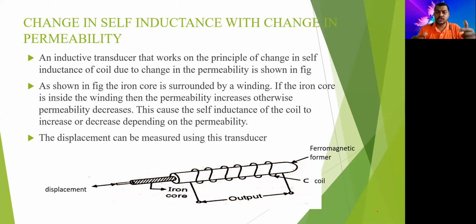So if you increase or decrease the distance of this iron rod, ये डायग्राम में आपको दिख रहा होगा कि ये जो है फेरोमैग्नेटिक फॉर्मर, मतलब एक्चुअली प्लास्टर ऑफ पेरिस का या पेपर का बनाया हुआ एक रोल है, उसके ऊपर हम लोगों ने कॉइल वाउंड की। अब वो उसके बीच में क्या है, अभी एयर आ गई। अब हम लोग उसमें क्या कर रहे हैं, उसमें या तो हम लोग फेराइट रॉड डाल रहे हैं या आयरन रॉड डाल रहे हैं। अगर हम लोगों ने आयरन रॉड डाला तो उसके एक्चुअल डिस्टेंस के हिसाब से हमारा जो ईएमएफ है इंड्यूस होने वाला, वो वेरी हो सकता है। And that particular concept is used over here to add change in self inductance with the change in permeability, right?